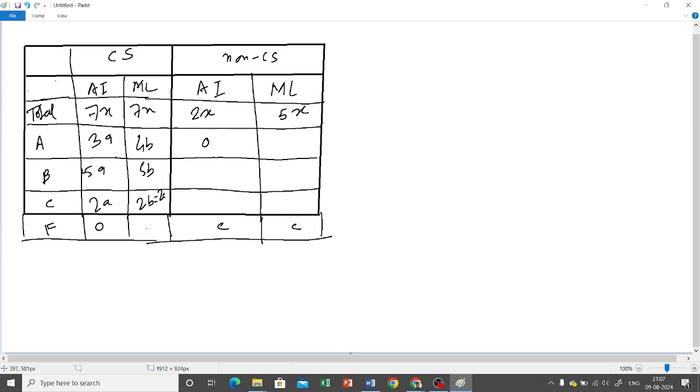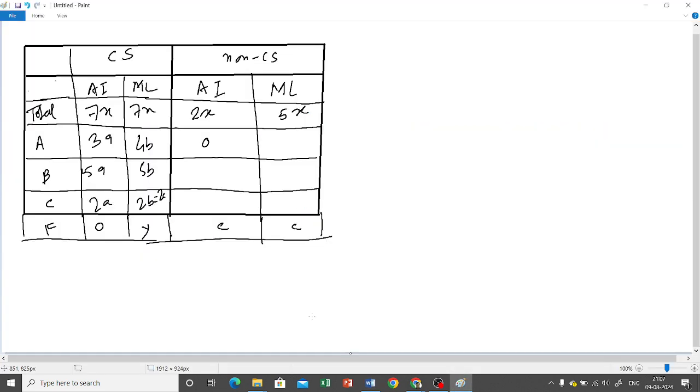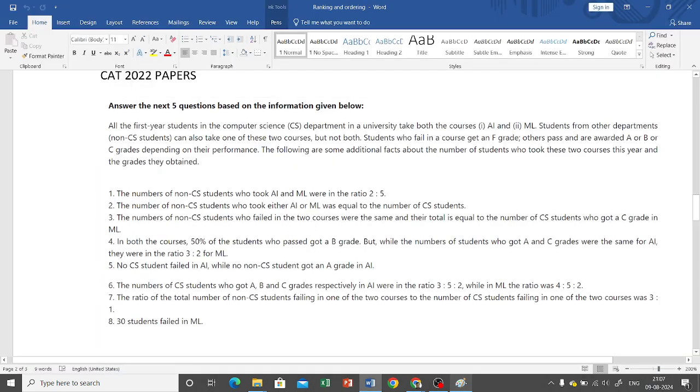So that is not given. So maybe I can take this one as y, say for example, right? Oh, sorry, not this one. Total number of non-CS students failing in one of the two courses.